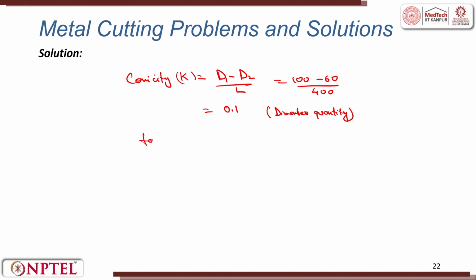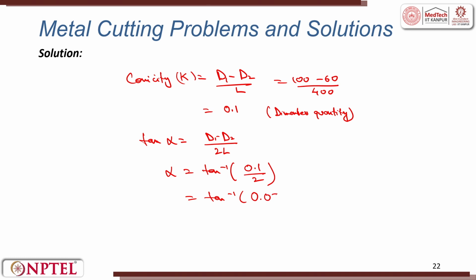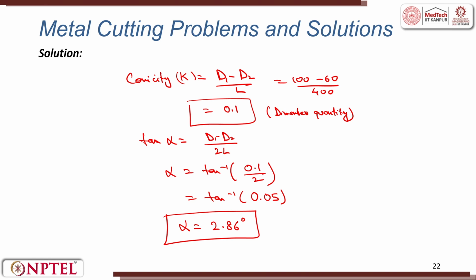Then tan alpha is equal to conicity by 2, or it is D1 minus D2 by 2L. So, we get alpha is equal to tan inverse of 0.1 by 2, that is equal to tan inverse of 0.05. This gives me alpha is equal to 2.86 degrees. This is my taper angle, this is my conicity.